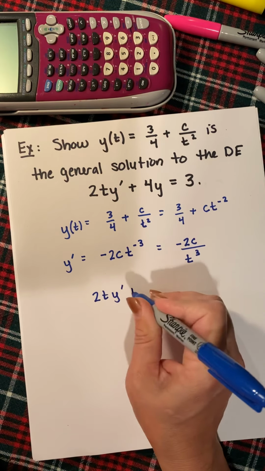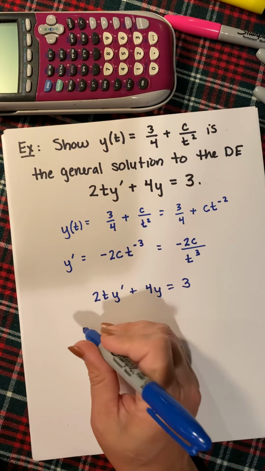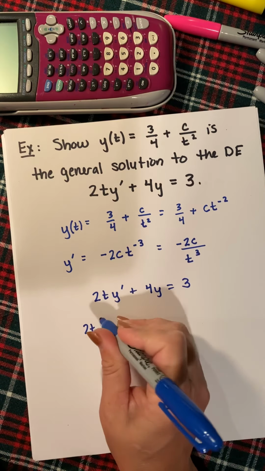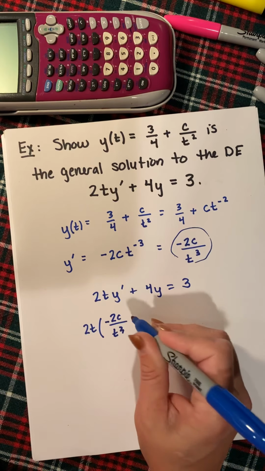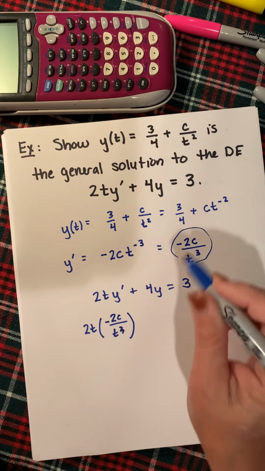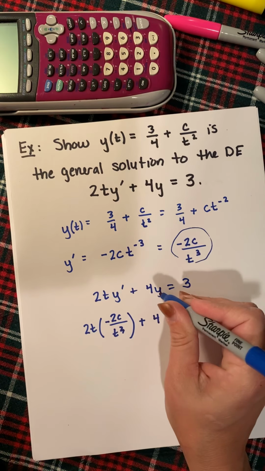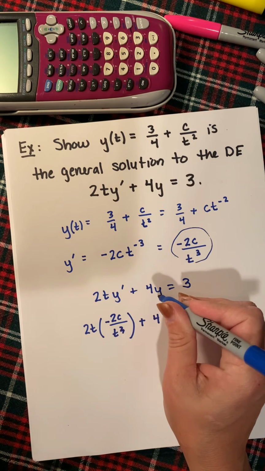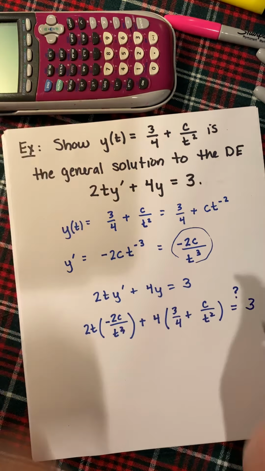2t y prime plus 4y equals 3. Y prime is going to be, so I'm going to replace y prime with this right here, negative 2c over t cubed, plus 4 times y, which is the original function, so I go back up here, and I'm going to put in 3/4 plus c over t squared, and does that equal 3?